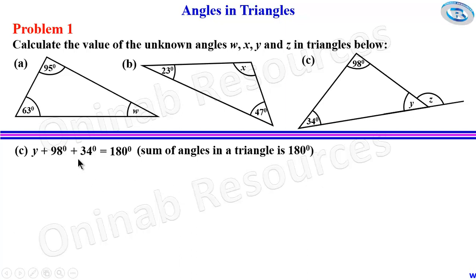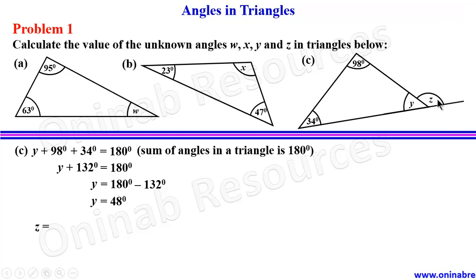Then adding up this, we have Y plus 132 degrees is equal to 180 degrees. So we have Y equal to 180 degrees minus 132 degrees. Then finally we have Y to be 48 degrees. So we are done with Y. Then we go for Z.